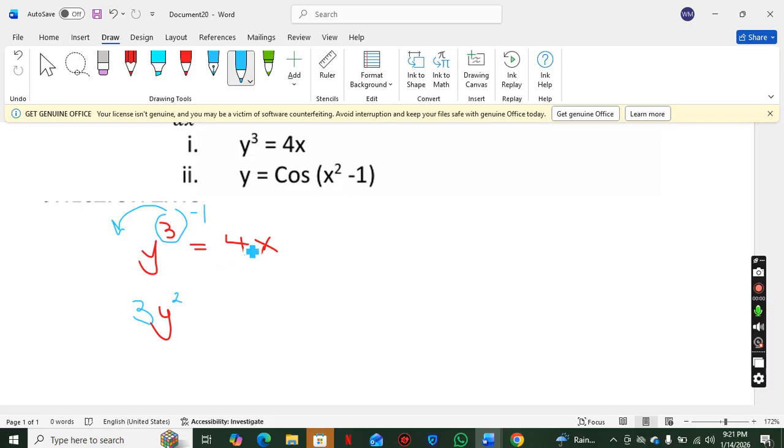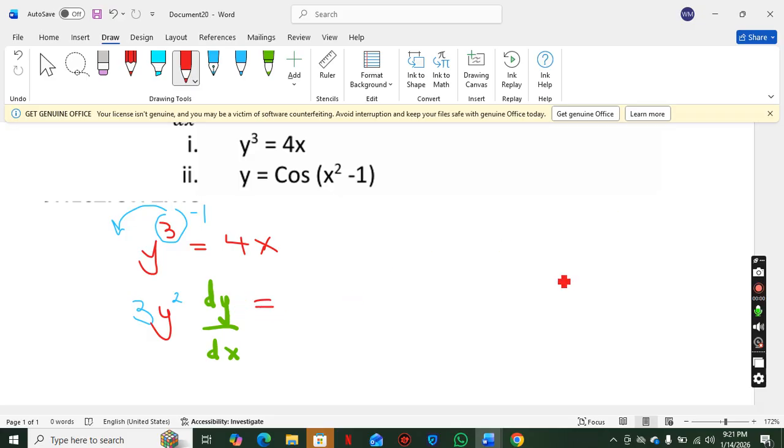Now, when you derive y with implicit differentiation, you need to add a dy/dx. After you derive the y variable, you put in dy/dx, equals.